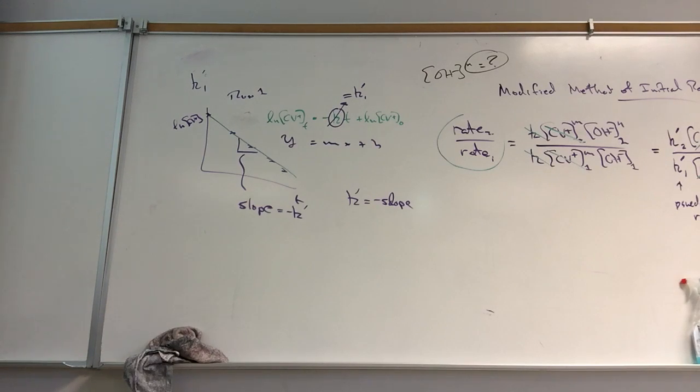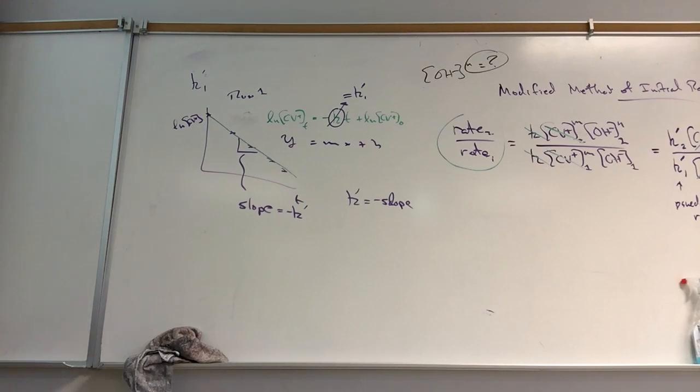Then I go to run 1. Run 1 was slower, so the slope is less. The slope is negative 0.04487, therefore k is 0.04487. And so k prime just comes from the slope.